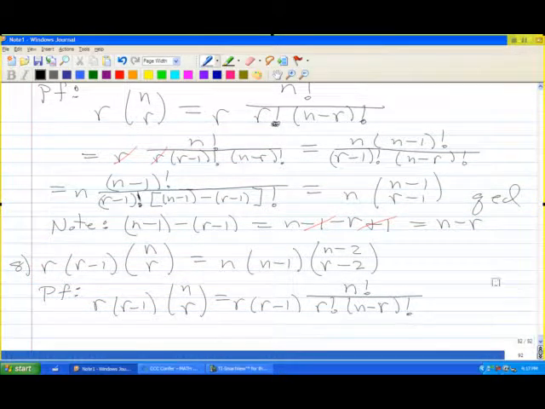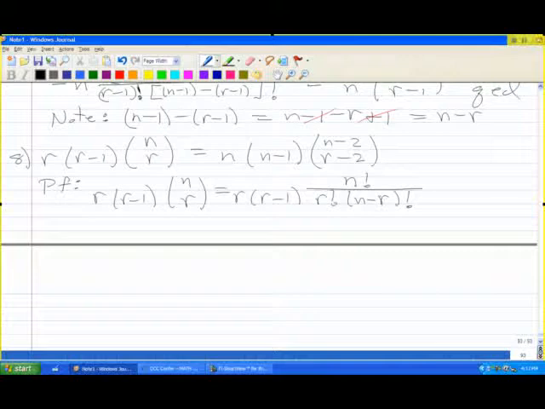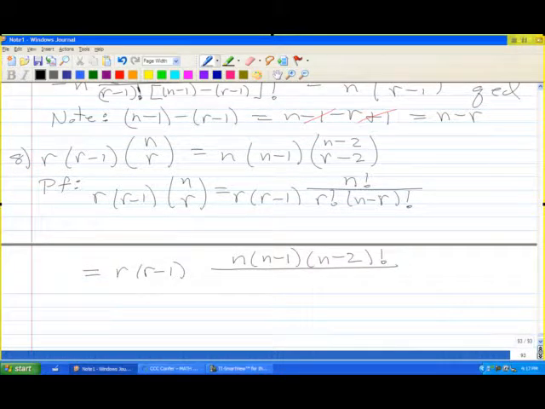factorial. Oh, I guess I should be using k's here, but it doesn't matter. Hopefully you can tell the difference between my r's and k's. So this is equal to r minus 1 times n factorial. I'll write as n minus 1 times n minus 2 factorial.